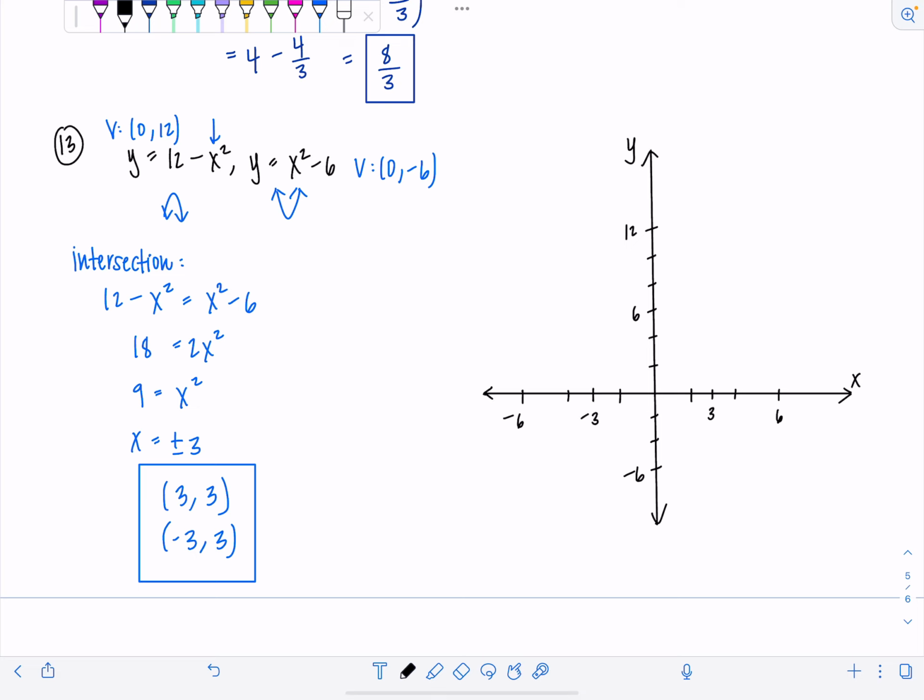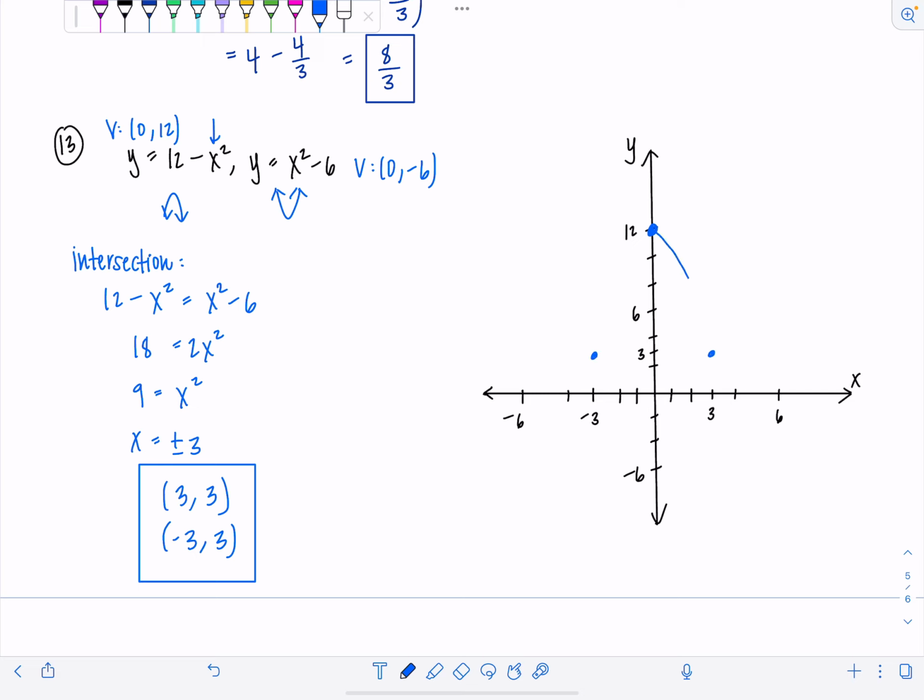There's -3. Okay. So let's see. Parabola 1 goes through (0, 12). And it intersects the other one at (3, 3). Let me mark where 3 is on the y-axis, right there. So here's (3, 3) and (-3, 3).